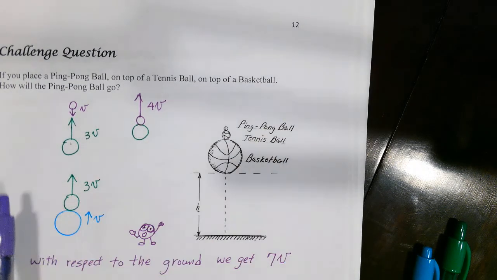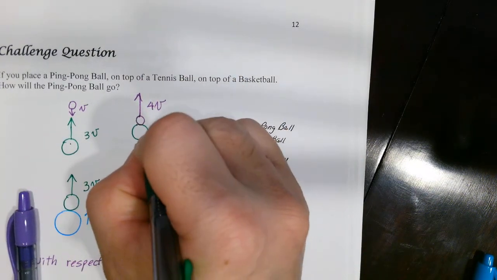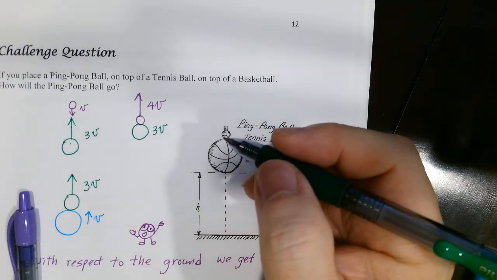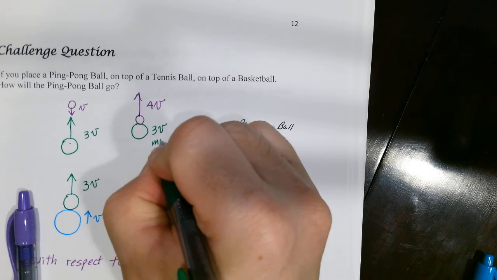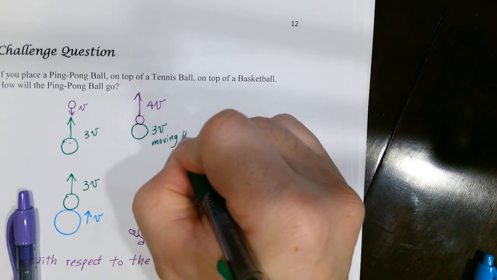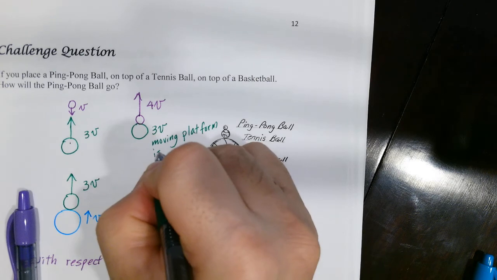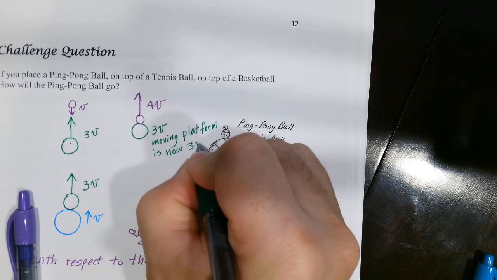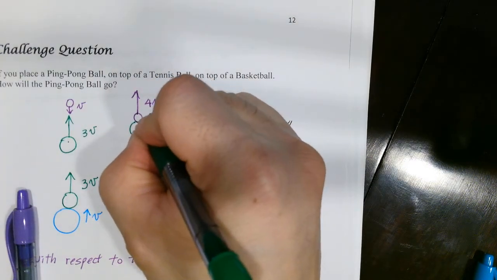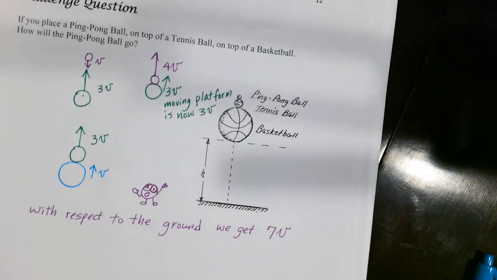Because this is a moving platform with 3V and this is going 4V, right? So we have 3V plus 4V is now equal to 7V. Okay?